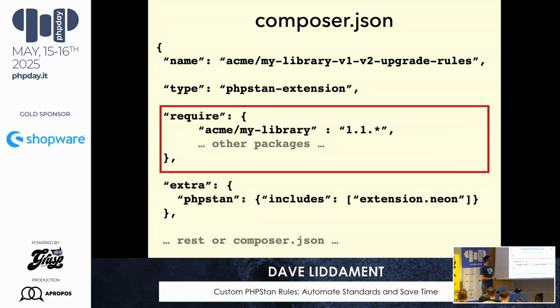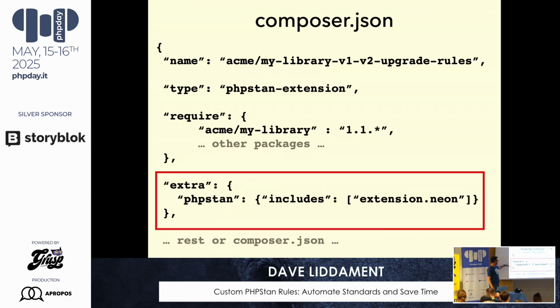We would require, amongst other things, specifically in this example, version 1.1 of the library, because this won't be valid before version 1.1 because we won't have added in the extra field, and it won't be valid once you go to version 2 because everything should have been upgraded.